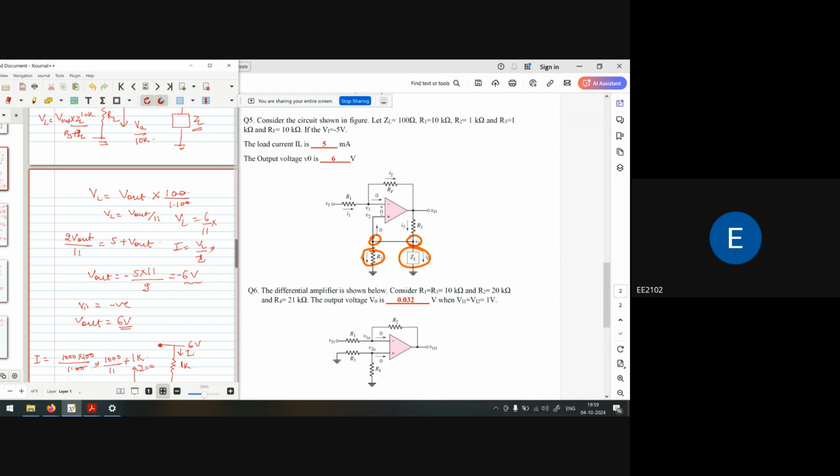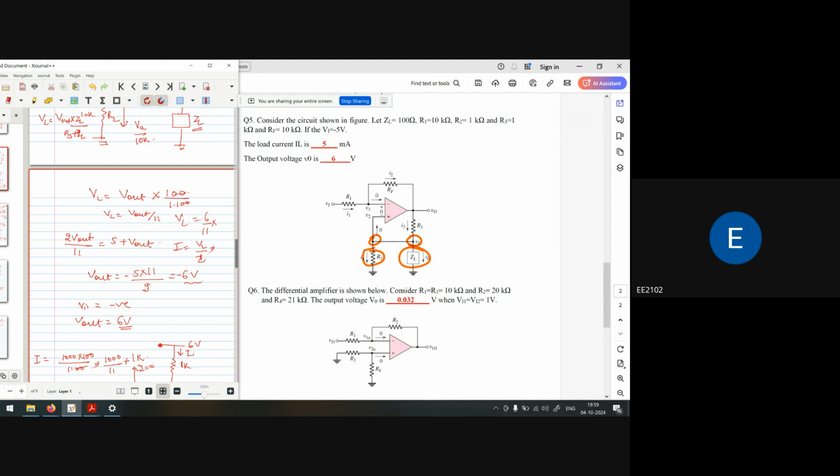Which calculation are you asking about? Here, when we say VL equals V out by 11, it's purely by considering R3 and R2, right? R2 by R3 plus R2 of V out.